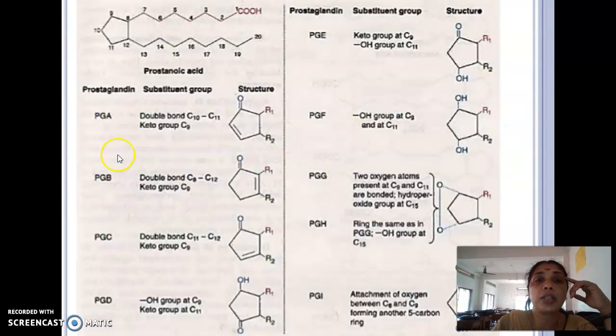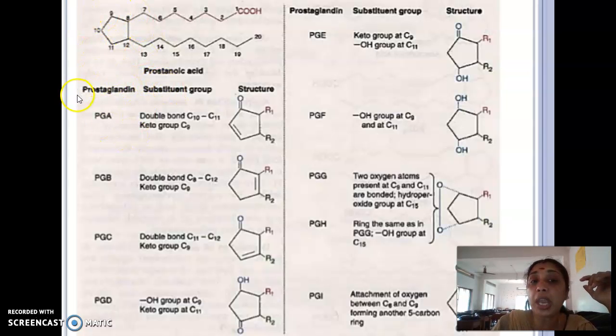Okay, this is the common structure of the PGA family. So the PGA family will have a double bond on the C10th position. This is our cyclopentane ring system. The cyclopentane ring system has some set of changes that makes them differ from the others. Each group differs from the other, and the difference lies in the cyclopentane ring system.